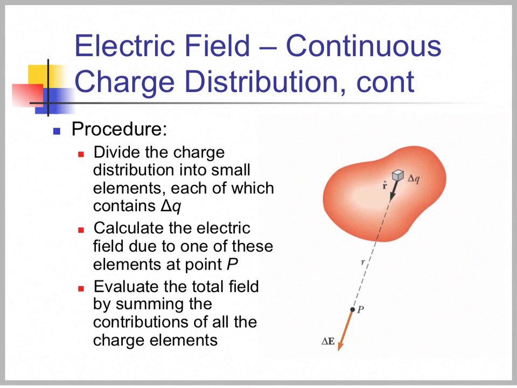Now, we can calculate the electric field due to just that small element of charge. And then to figure out the total electric field at point P, I need to figure out the electric field due to all the delta Q's over the entire charge distribution.